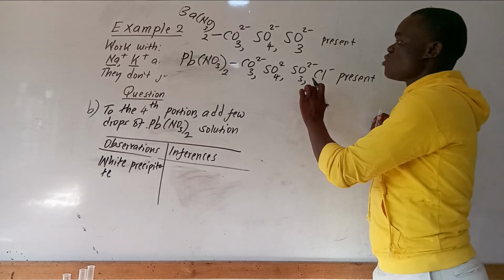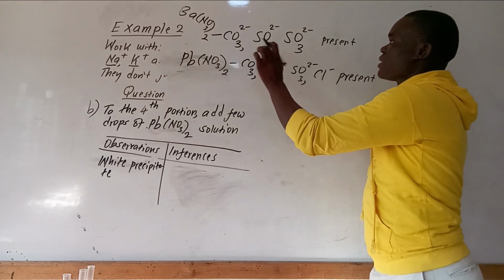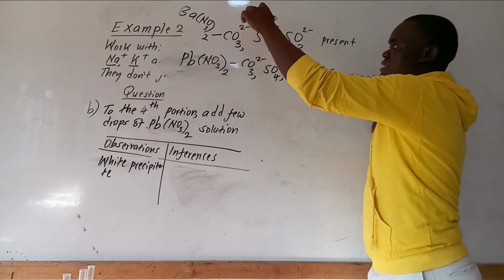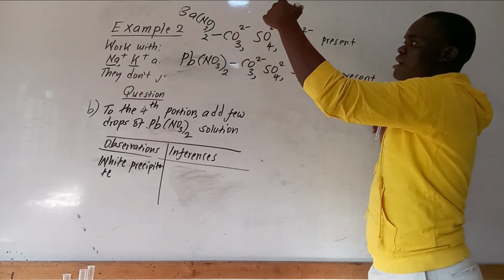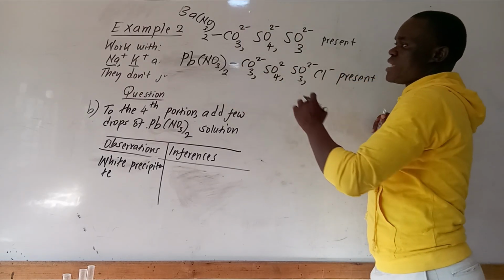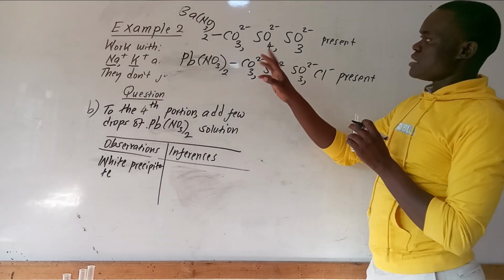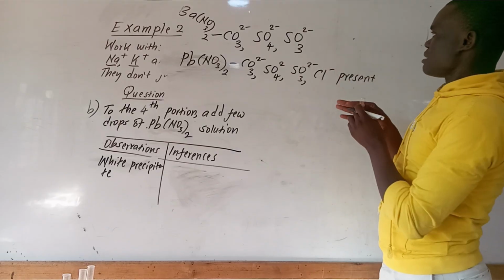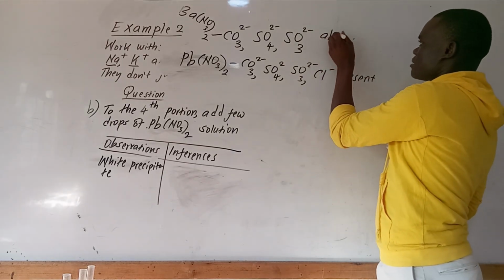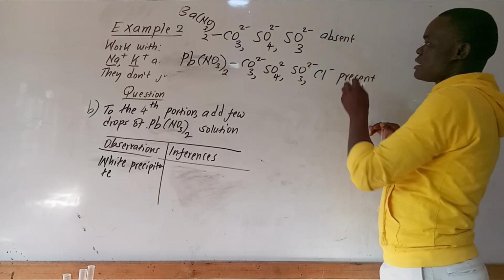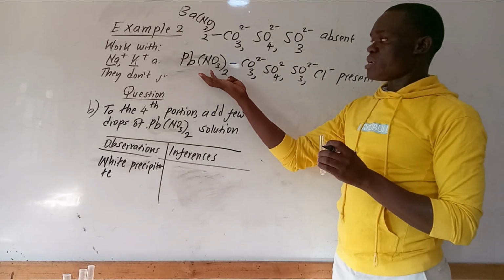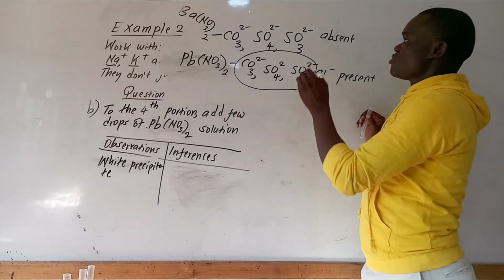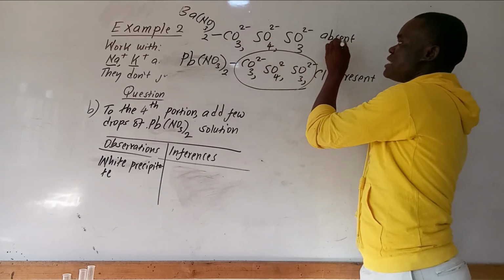We are not allowed to again talk about these 3 as present, yet we had already said that they are absent in the question before, the one that we are dealing with. In the succeeding question, we are not allowed to mention them again because we had already said that they are all absent.